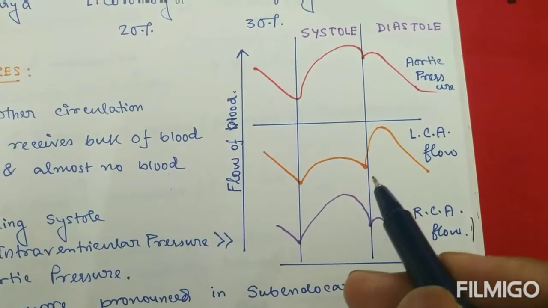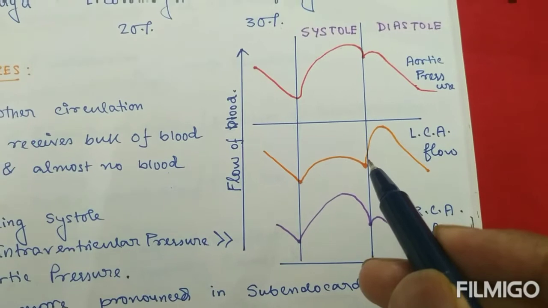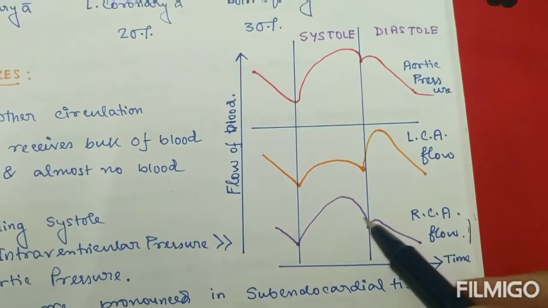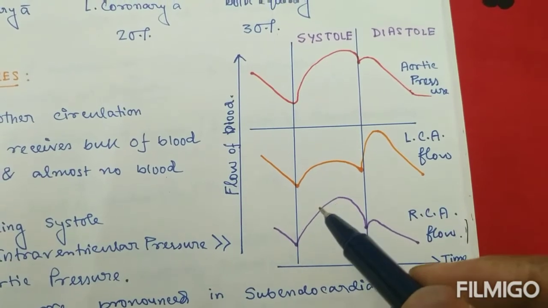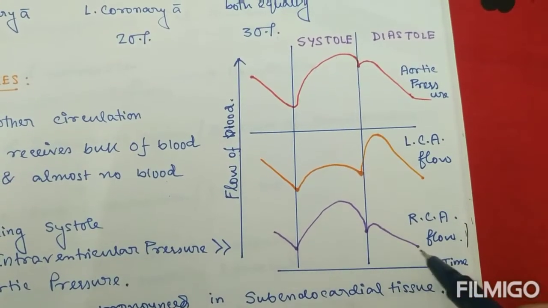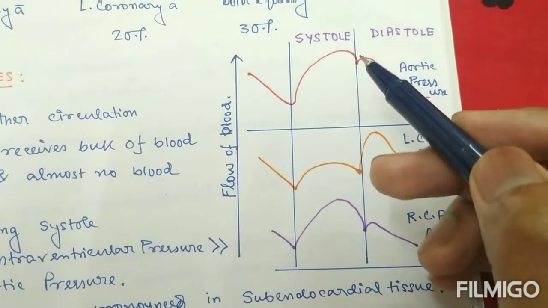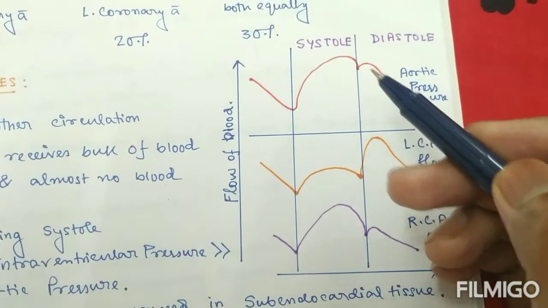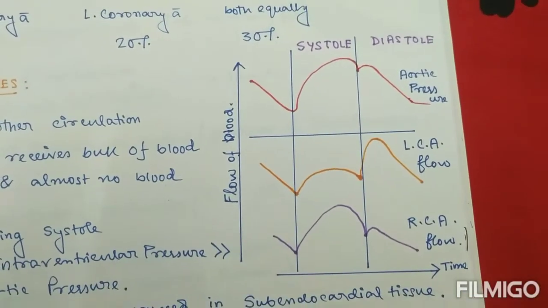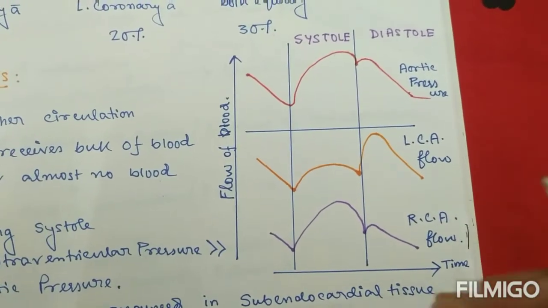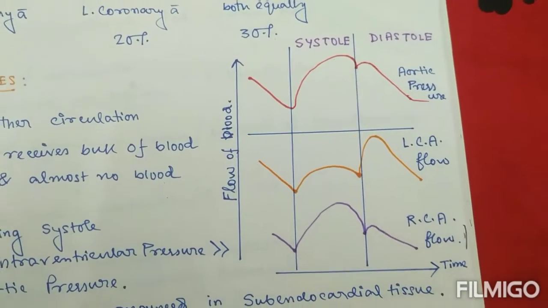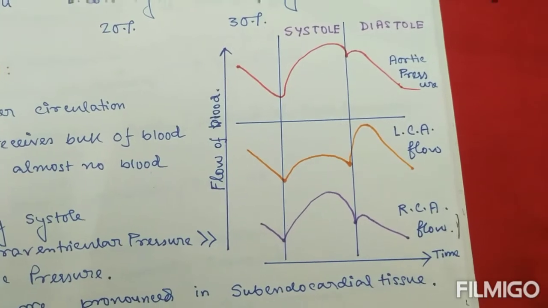In left coronary artery, the flow increased in diastole, and in right coronary artery, like other circulation, it is increased in systole and decreased in diastole. But as there is a notch, there is a pressure change, there is also a flow change in both the artery. But in gross, the left coronary artery gets more amount of blood during diastole.